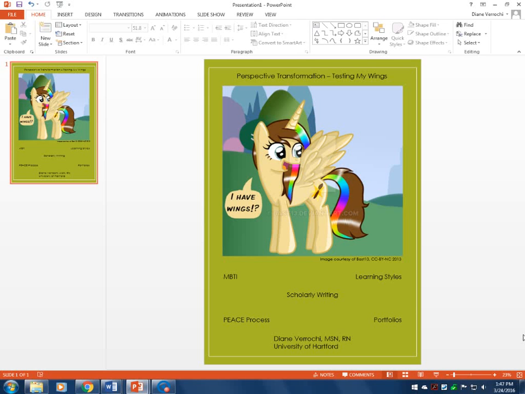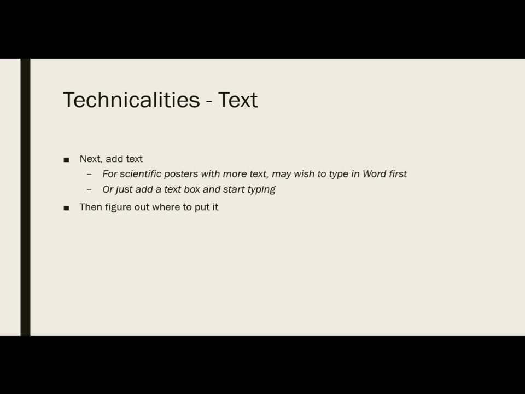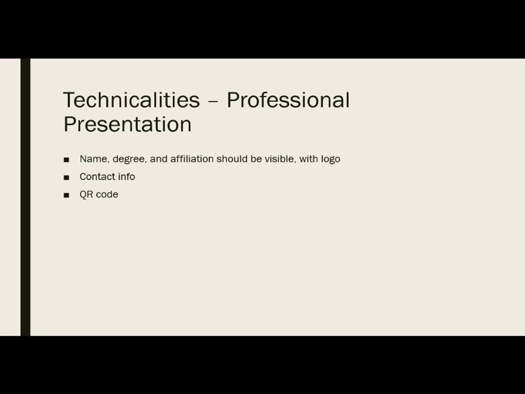It has an image that sort of captures the idea of, oh, hey, I've just discovered I have wings. Let me test them out. And goes from there. So yes, your name, degree, and affiliation should be visible. With a logo, if appropriate.